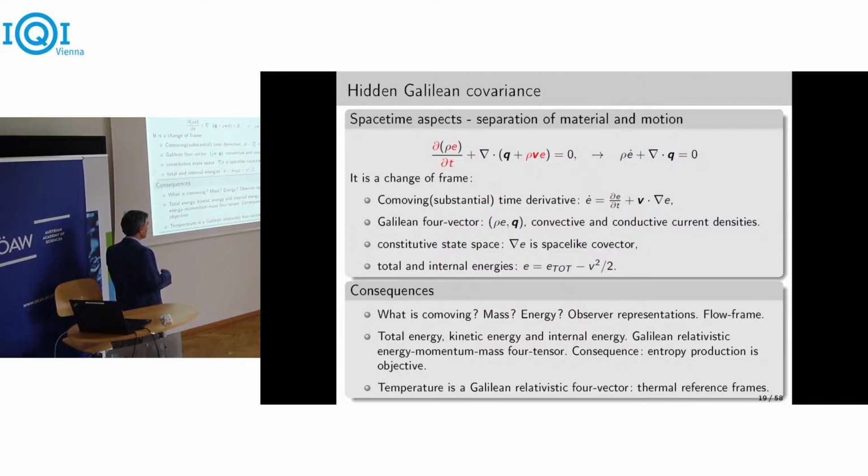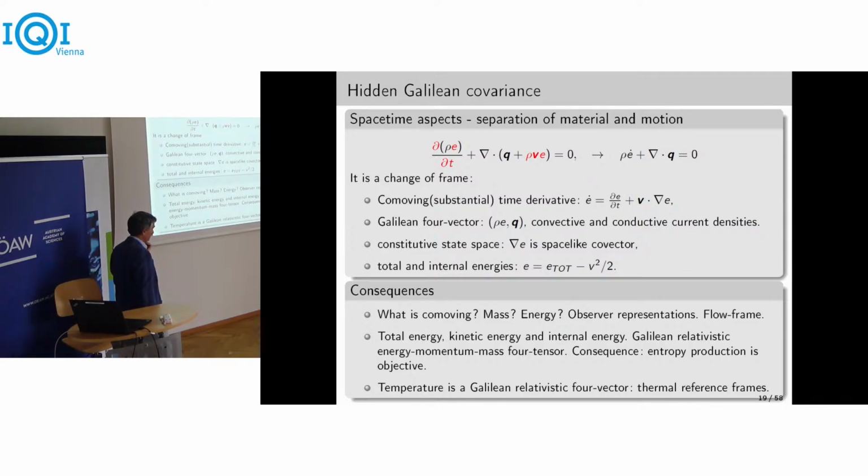Then we need to introduce some more complicated objects, so 4-tensors, analogous to the 4-vectors, but in the Galilean relativistic framework. The consequence is that, for example, entropy production will be objective, independent of the observer. And finally, maybe also an interesting remark: temperature is also a 4-quantity.